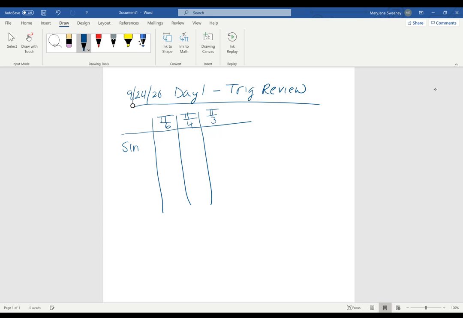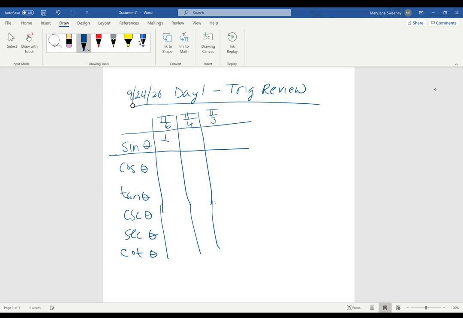We have sine of some theta, cos of theta, tan of theta, cosec theta, sec theta, tan theta, cotan theta. All right, so here we've got 1/2, radical 2 over 2, radical 3 over 2.